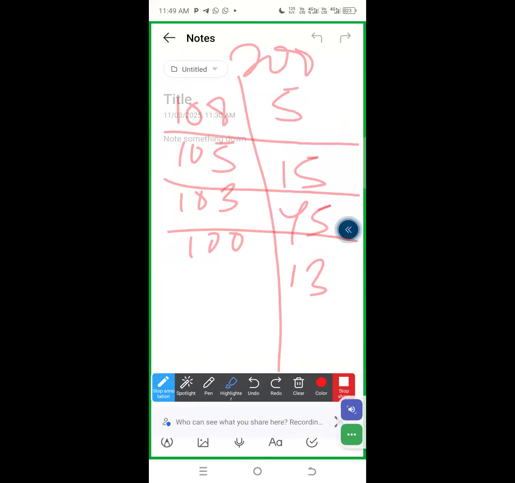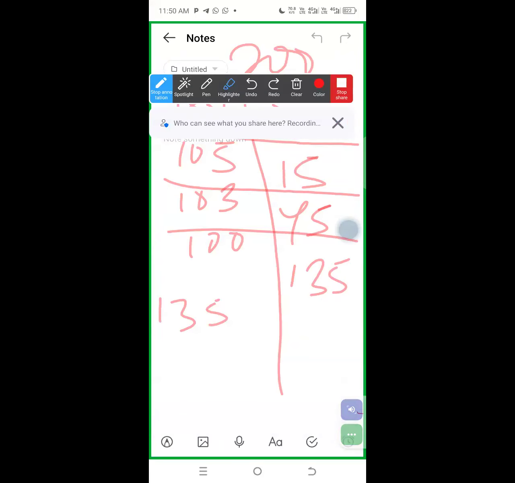Now let's add everything to see if it's up to 200 or it's more than that. So let's see 135 plus 45 plus 15 plus 5. What will be the total answer?